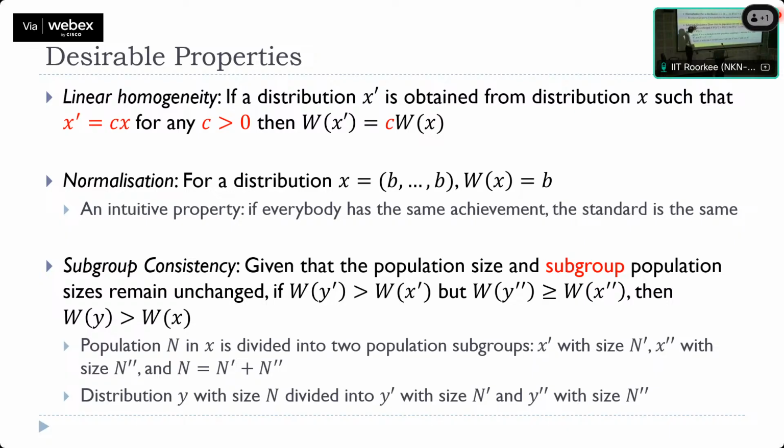Subgroup consistency requires that given the population size, if your standard for one subgroup has increased, for the other subgroup it can either increase or remain the same, then overall there should be an increment. That's what it is.